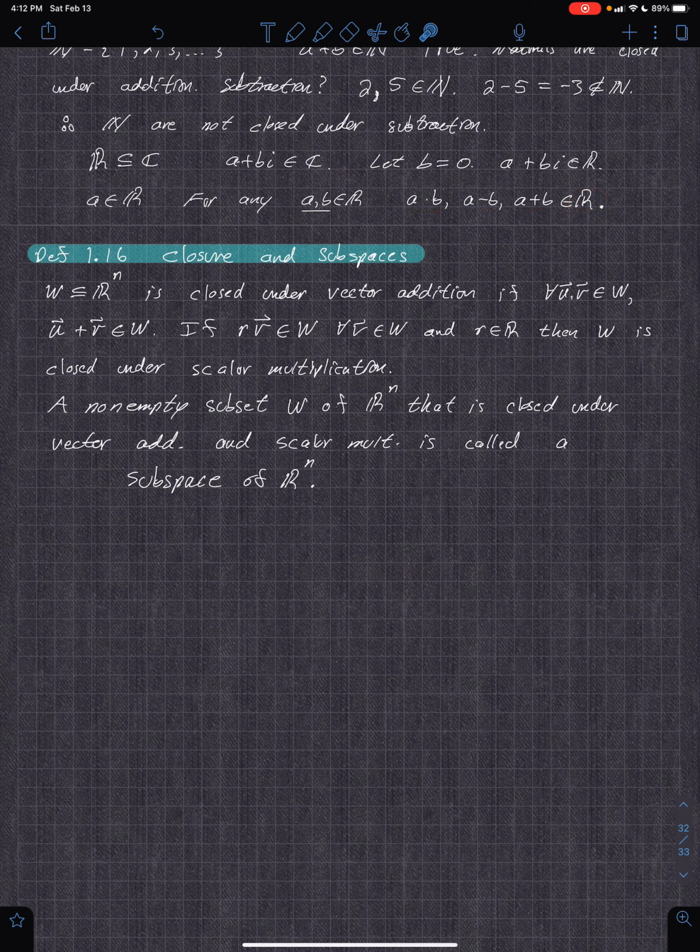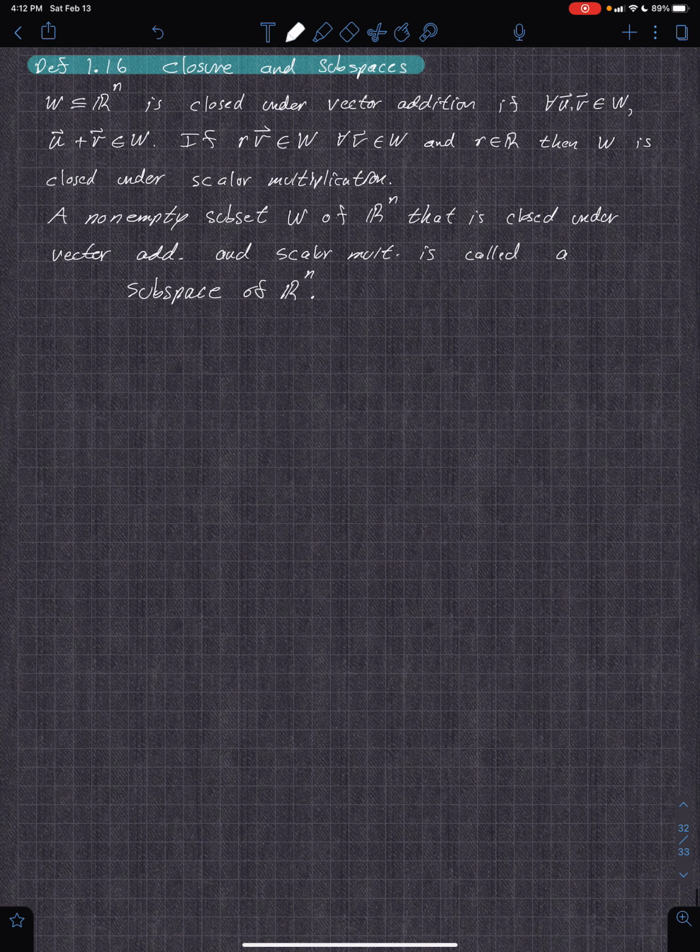You don't all of a sudden jump outside the reals. But that's not considered a subspace for this definition because this has to do with the vectors of R. We're not going into the complex plane. That's different, right? Okay.